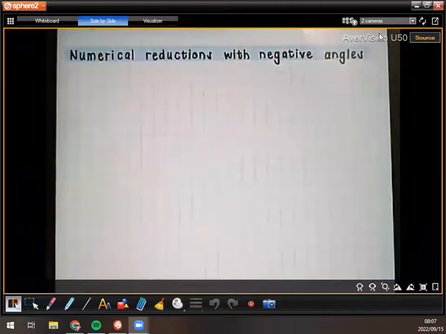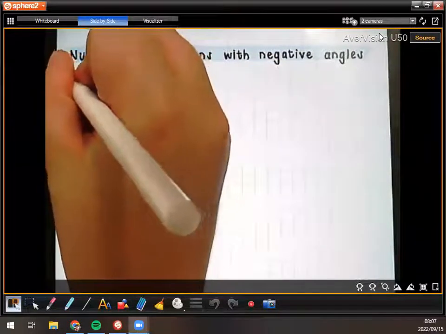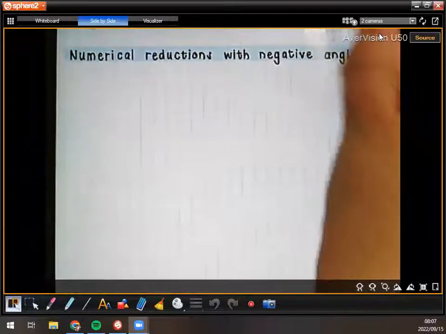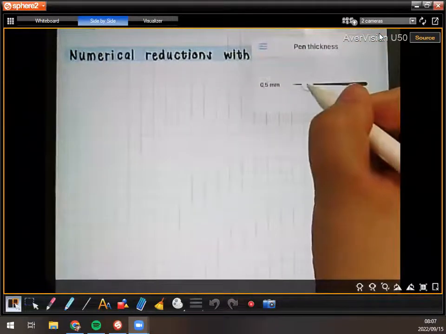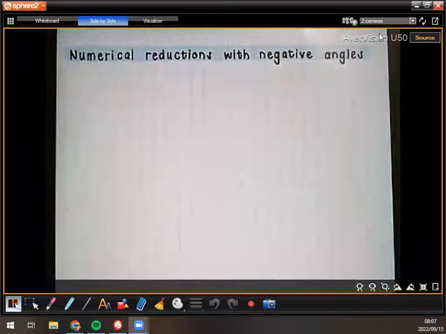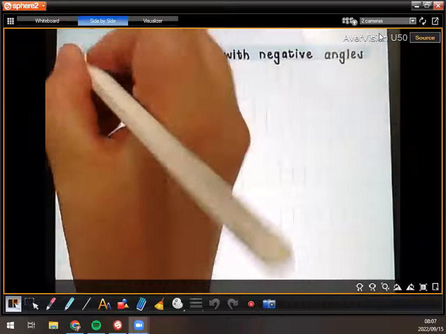It's the same as the example that we did yesterday. We are going to write each ratio as a ratio of acute angles again, like we did yesterday.